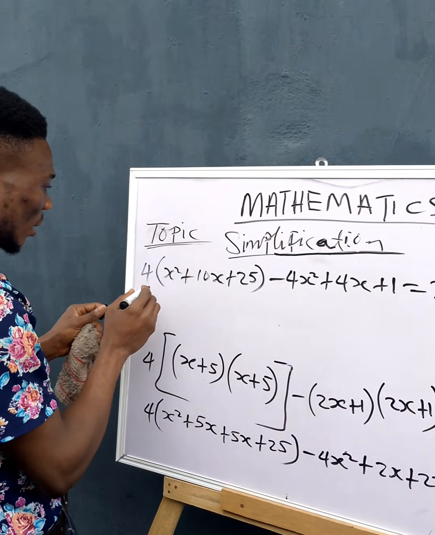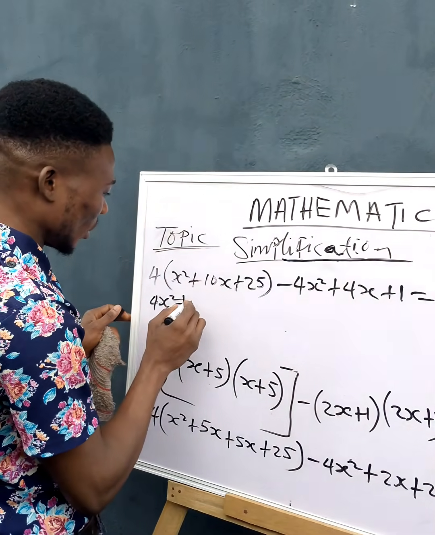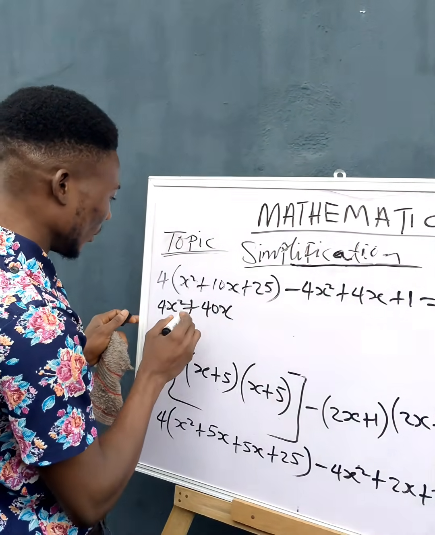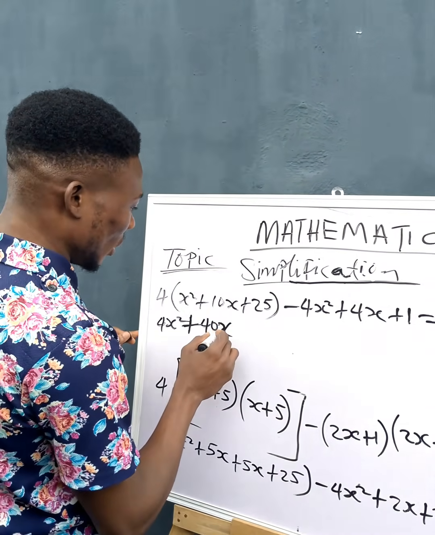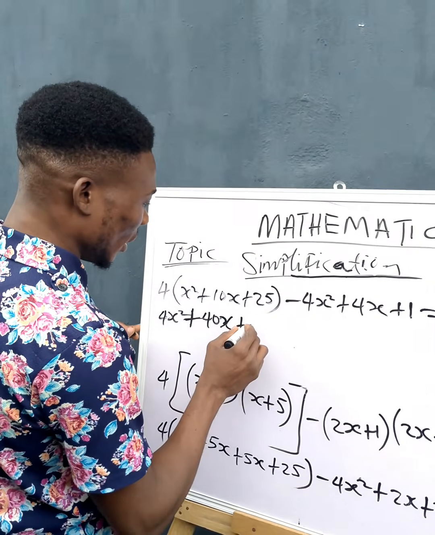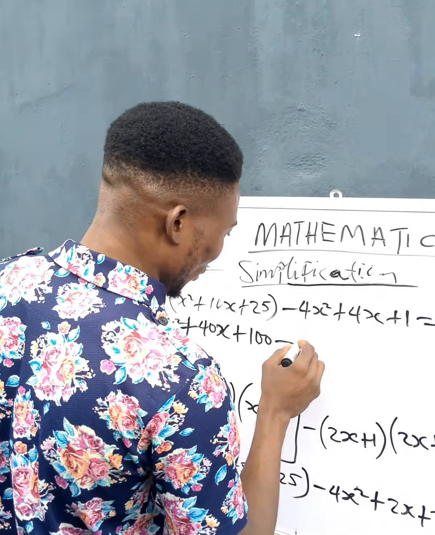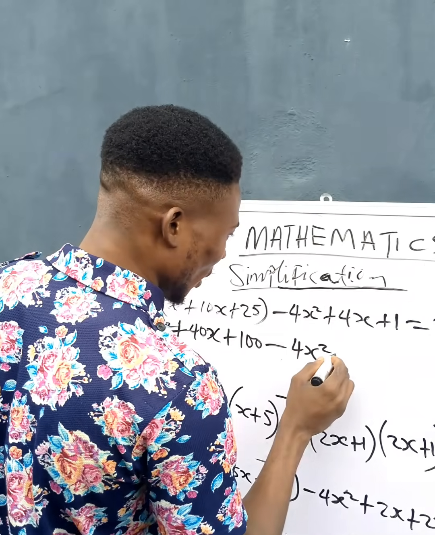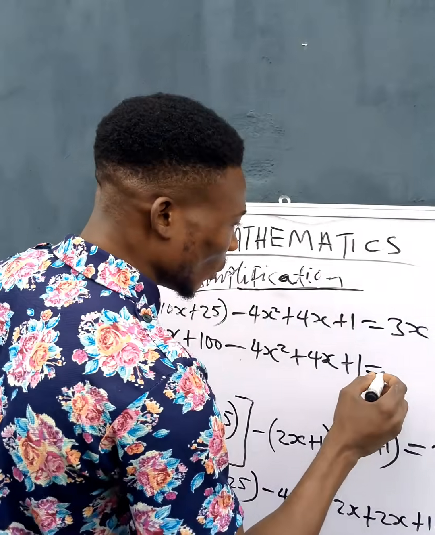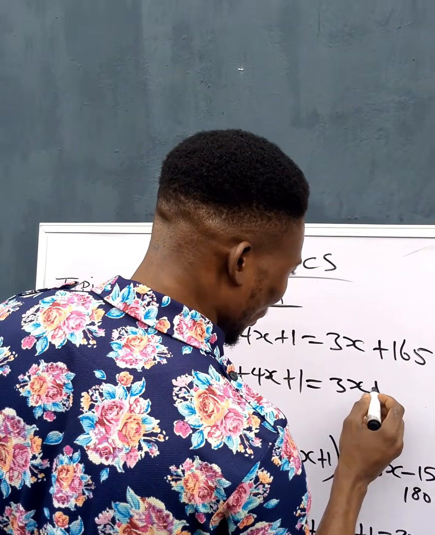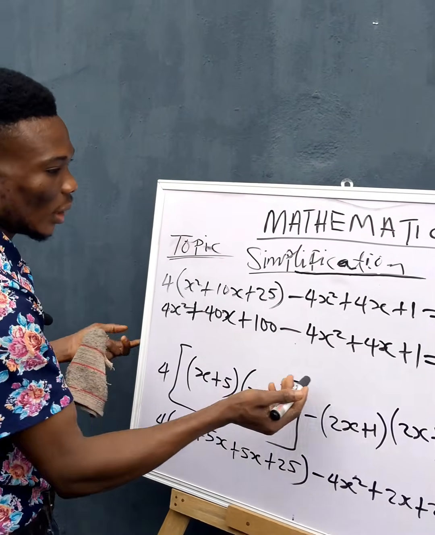Then we have 4 times x squared is 4x squared, 4 times 10 plus 40x, 4 times 25 is 100 plus 100, then minus 4x squared plus 4x plus 1 equals to 3x plus 165. So in this case, what you need to do now is to collect your like terms from here.